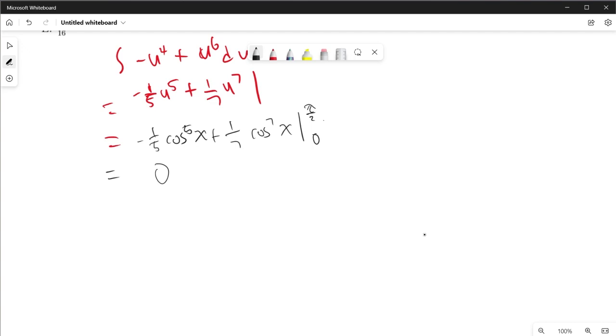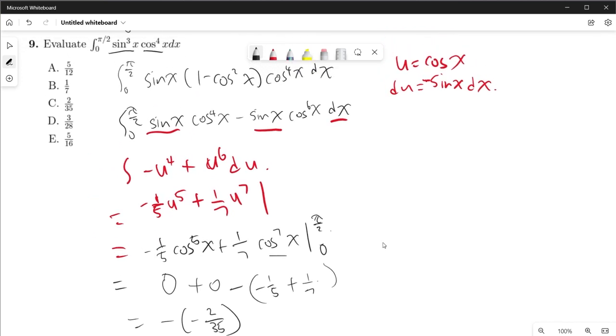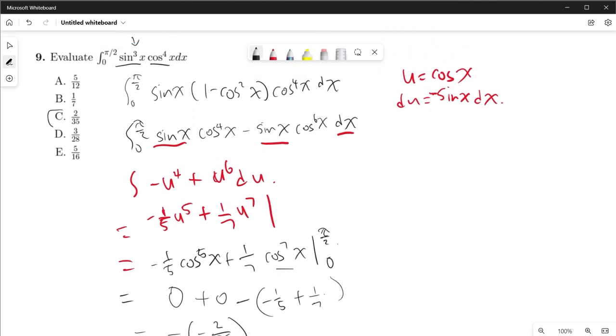So it's 0, and then same thing here, plus 0, and then minus, we'll have cosine of 0 is 1, so we have -1/5 times 1, and then plus 1/7 times 1. Right, same thing here, cosine 0 is 1, so in this case we have negative, that would be -2/35, so we have 2/35. Which should be answer choice C.